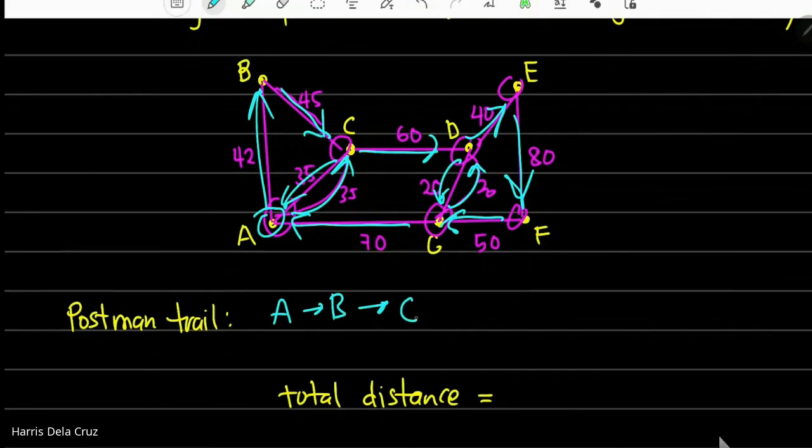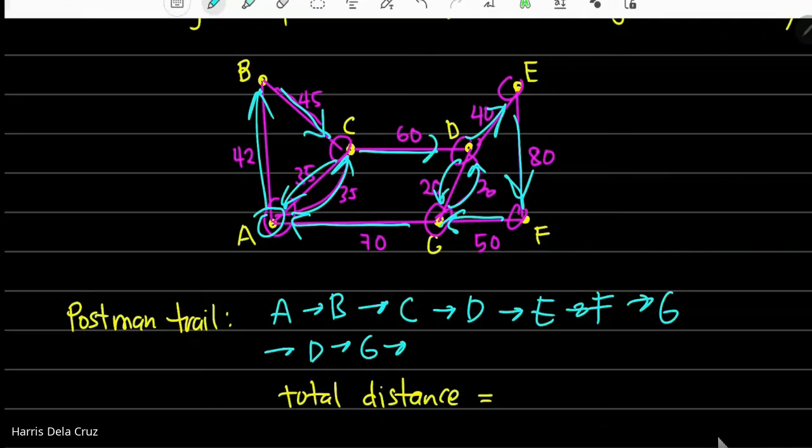Pumunta kay C, pumunta kay D, pumunta kay E, pumunta kay F, pumunta kay G, and then si G, nag-back and forth sa D. So, D to G. And then, kay G na ako, punta ko kay A. And then, pag kay A, back and forth ulit kay C. Kumbaga, yung pinakamaliliit na portion ng road yung dinodoble mo. So that you're sure that you have the least possible route. So this is C. Then balik ako kay A.